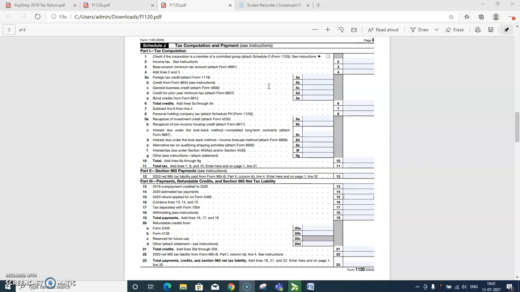Now 9E, alternative tax on qualifying shipping activities. For this you have to attach Form 8902. Line 9F, interest or tax due under section 453A(c) or section 453(l).